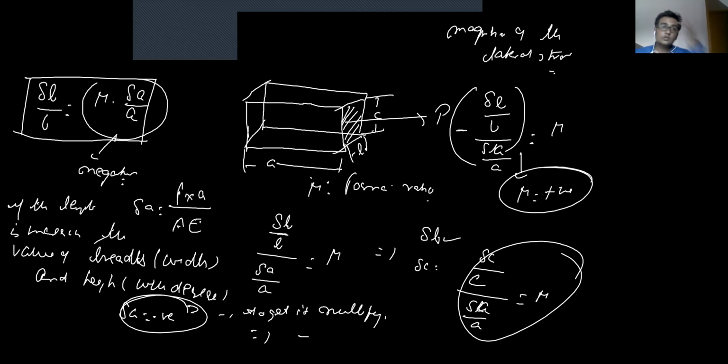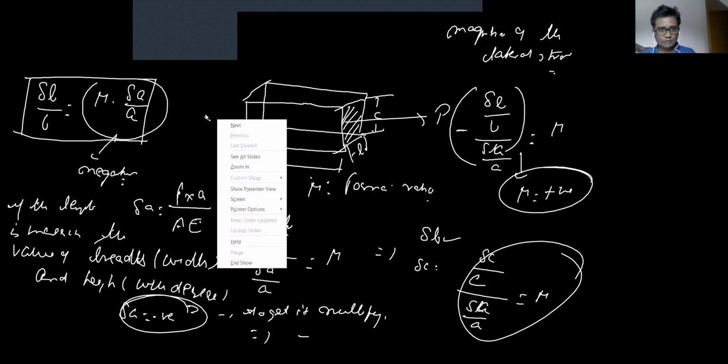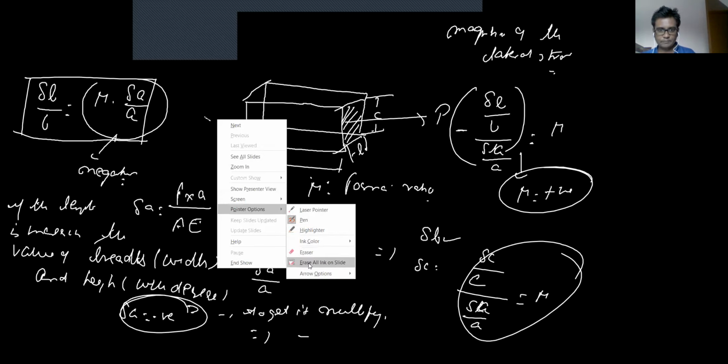Fine. So if you are being asked what is the value of this lateral strain, it will be mu dot delta A by A. It was the case of the uniaxial stress.